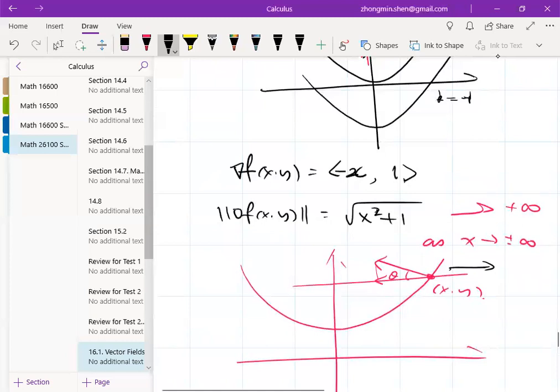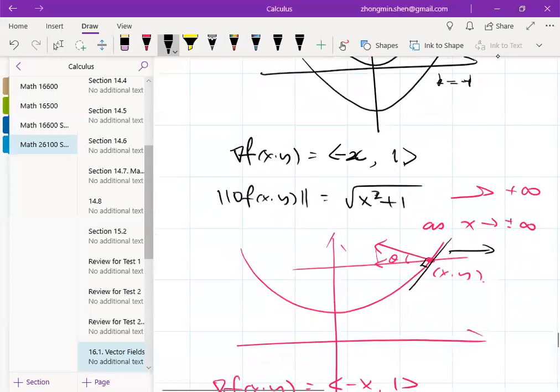This can also be seen from the parabola, because the gradient is perpendicular to the tangent line to the parabola. When you draw the graph, that helps you a lot: the length is getting longer, but the angle is getting smaller.